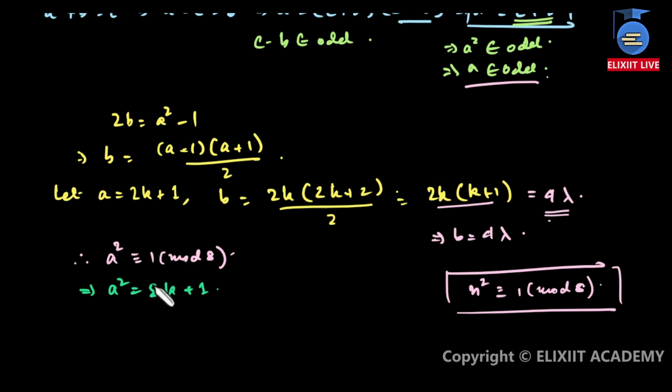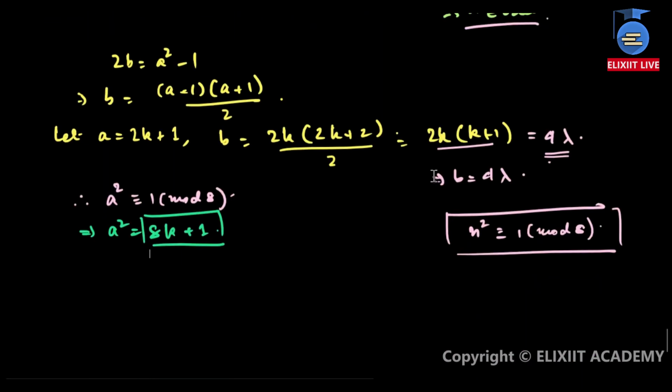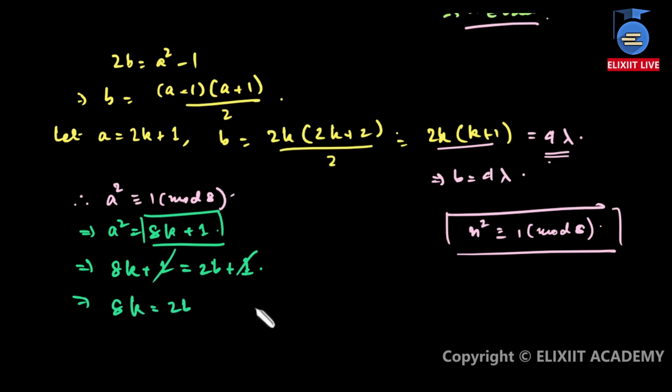You have already simplified A square to be 2b plus 1. Equate these two and let's see what we get. 8k plus 1 equals 2b plus 1. Previously we got that A square is basically 2b plus 1. So 1 and 1 cancel out, which means 8k equals 2b.